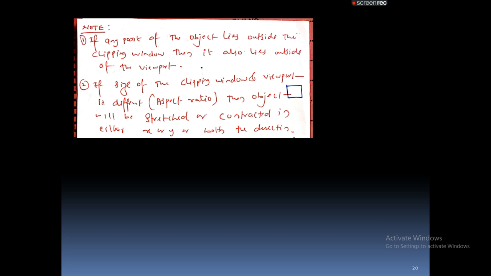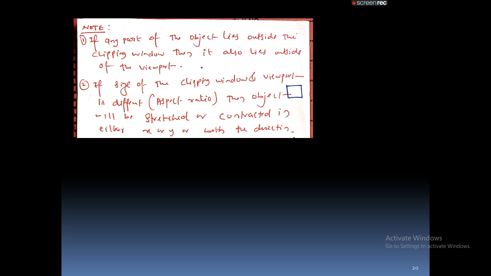In the case of the clipping window and viewport, assume the size of the clipping window is 4 by 3. If the size of the viewport is also 4 by 3, the aspect ratios are the same, and we cannot find any difference between the image displayed in the clipping window and the image displayed in the viewport.